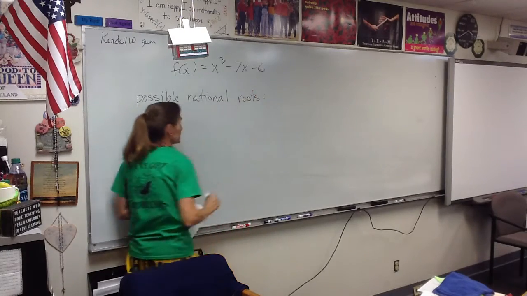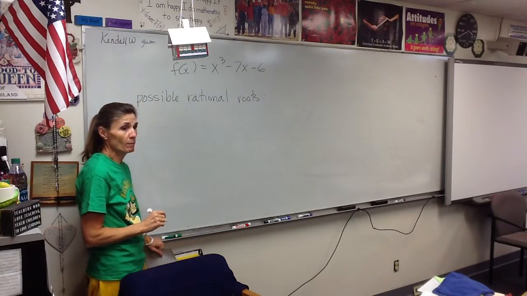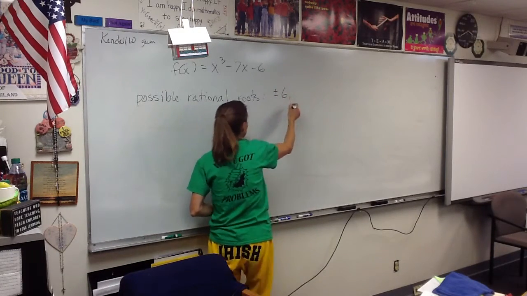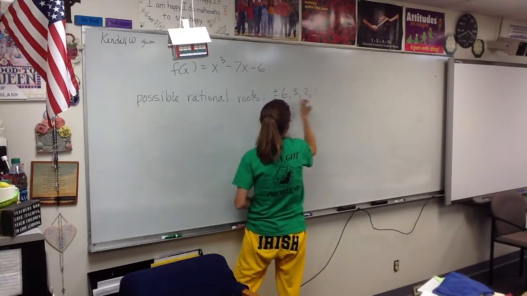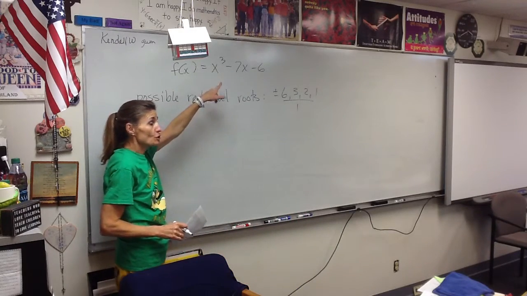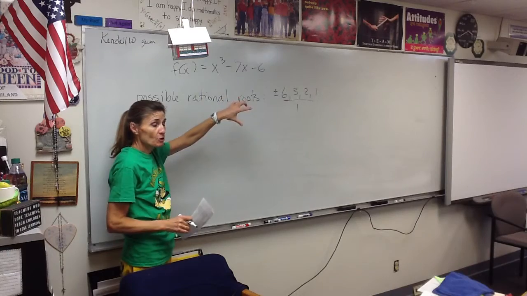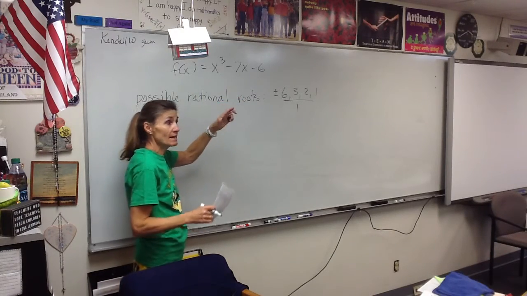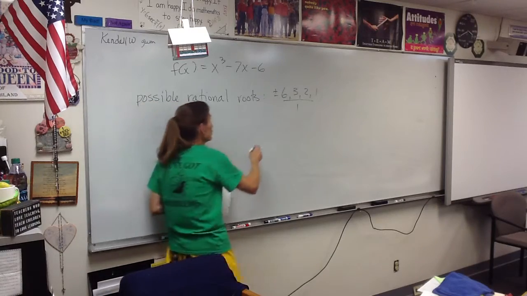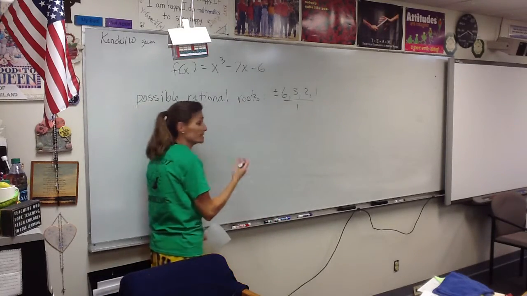And what would the possible rational roots for this problem be? Factors of 6 over factors of 1. So already you have narrowed down what was an infinite amount of possibilities. You've narrowed that down to basically 8 numbers.